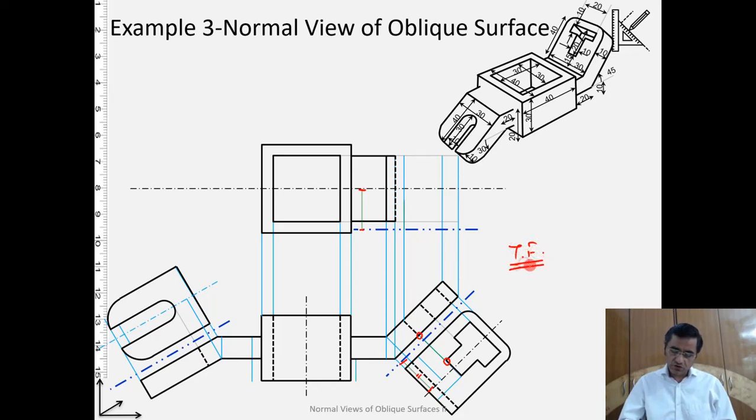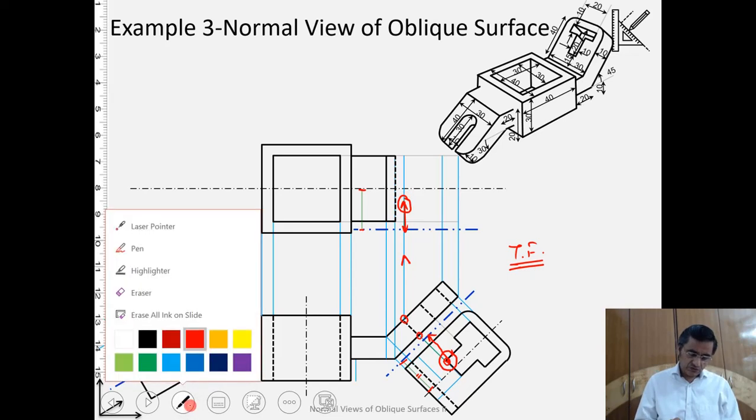So from here the projector goes to the top face, from the top face the projector goes to the horizontal, and the distance is applied here, and this is how the point is projected onto the horizontal. So let's complete it.